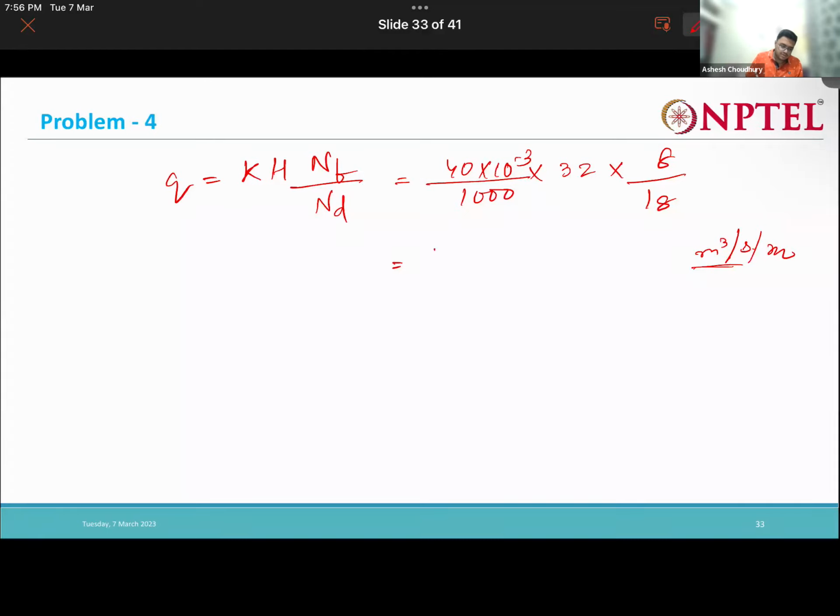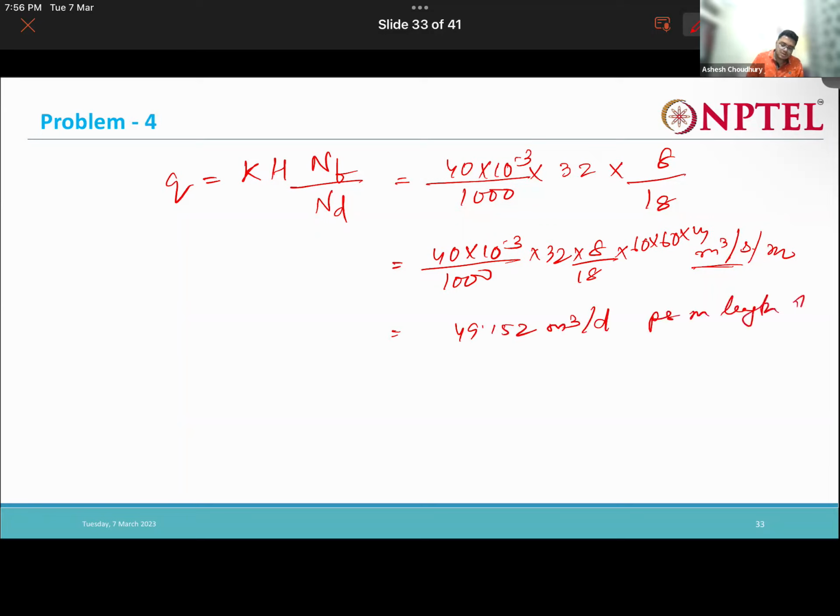So 40 into 10 to the power minus 3 by 1000, into 8 by 18, into 60 into 60 into 24. It will be 49.152 meter cube per day per meter length of the dam. So very simple.